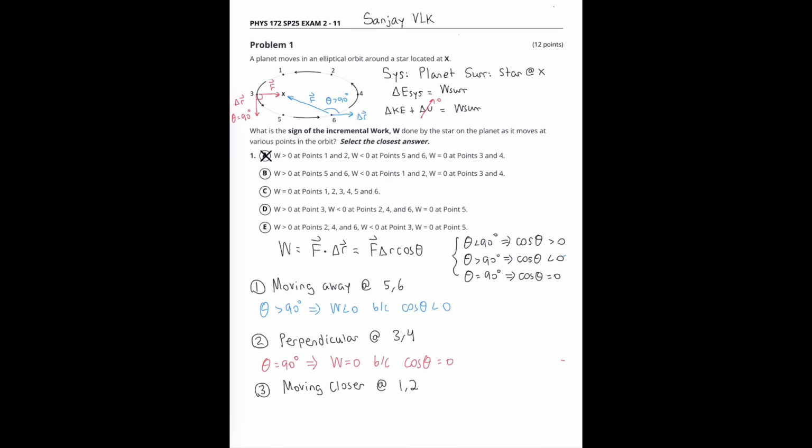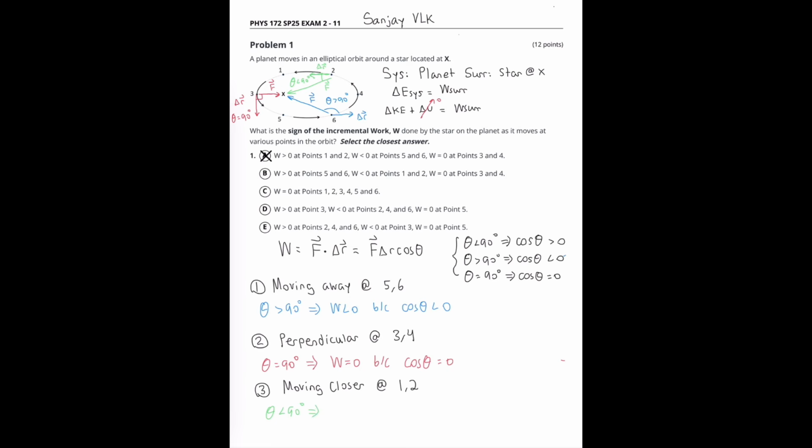Our last case, where it's moving closer, let's use point 2 for example. We have our change of R going to the left, and we have our gravitational force. And we can see here that our theta is less than 90 degrees.